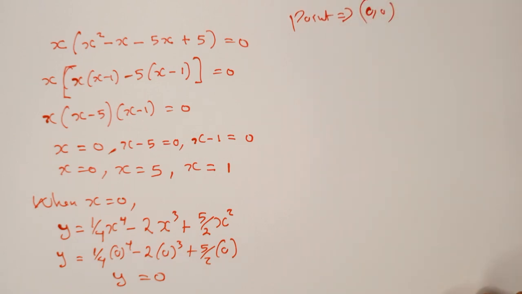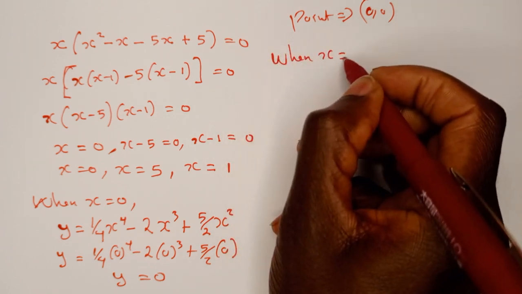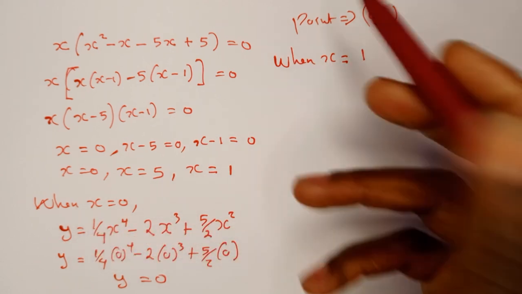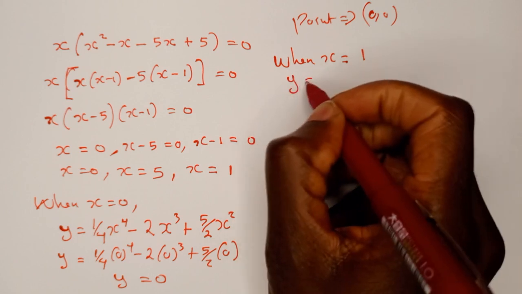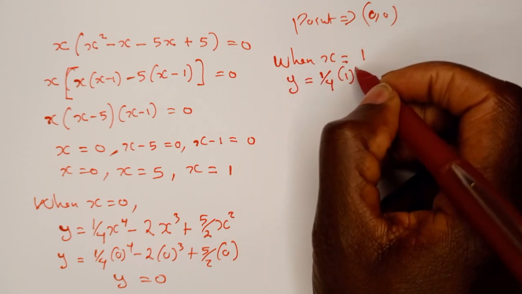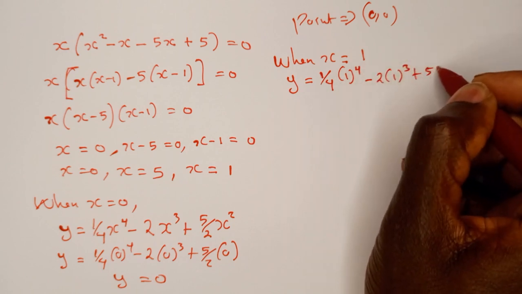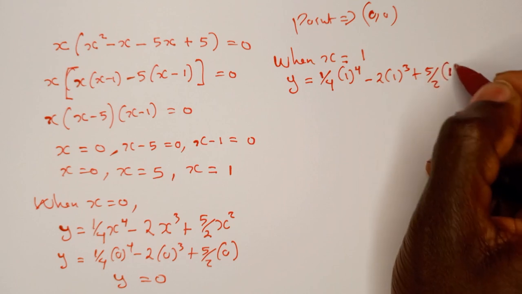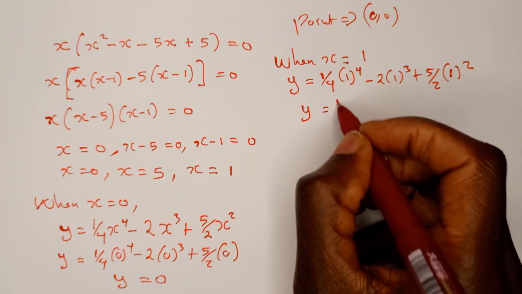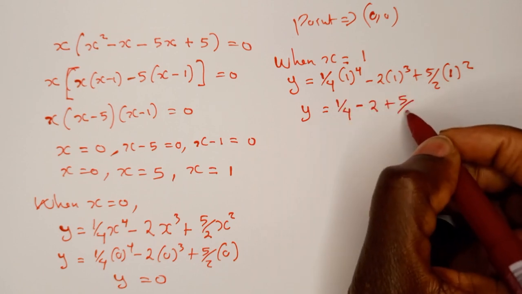Now when x is equals to 1, then we substitute back in our original function, which is this one. So we're going to have y is equals to 1 over 4 times 1 raised to 4 minus 2 times 1 raised to 3 plus 5 over 2 times 1 squared. So y will be equals to, when you simplify this one, this will be 1 over 4 minus 2 plus 5 over 2.